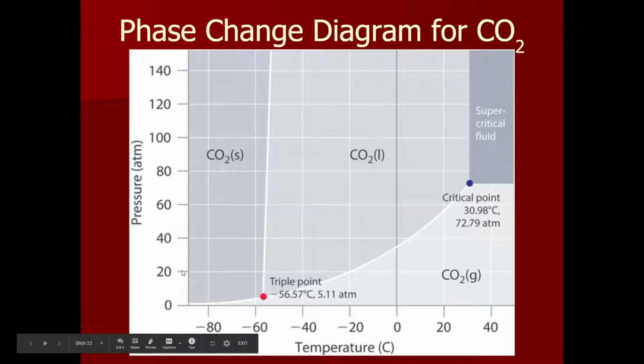It doesn't come up here to above 5 atmospheres to transform into a liquid before it goes into a gas. It just goes straight from solid to gas, because everything that we commonly experience in the Earth's atmosphere is down here in this very low section of the graph.